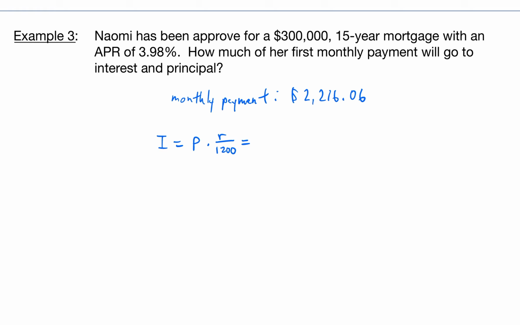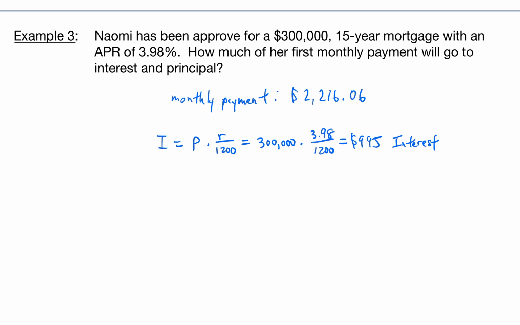So our principal amount is 300,000. We're going to multiply this by 3.98 divided by 1,200. And punching this into the calculator, we would get $995. So $995 represents interest.